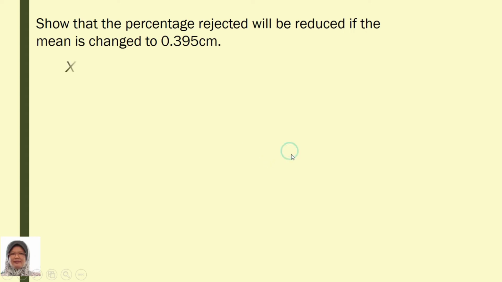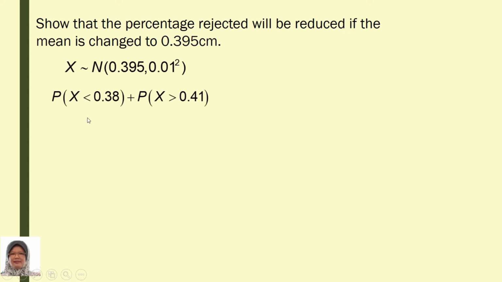Another question: show that the percentage rejected will be reduced if the mean is changed to 0.395. We write X has a normal distribution with mean 0.395 and variance 0.01 squared, and the question is still the same: P(X < 0.38) + P(X > 0.41).